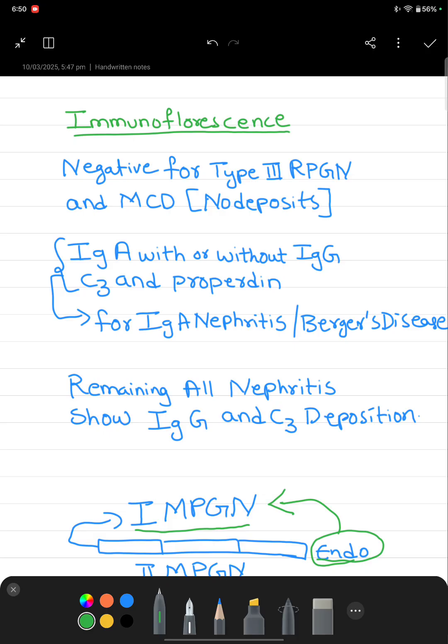So immunofluorescence is 0 for these two diseases. In IgA nephritis, the immunofluorescence will show IgA, IgG, C3 and properdin. Remember these four things for IgA nephritis or Berger's disease.